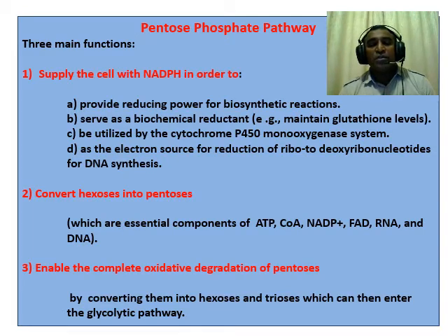You also have NADPH required in the liver cell, where the P450 monooxygenase system is found, in order to react with xenobiotics such as excessive alcohol consumption, as well as certain degradation of drugs.